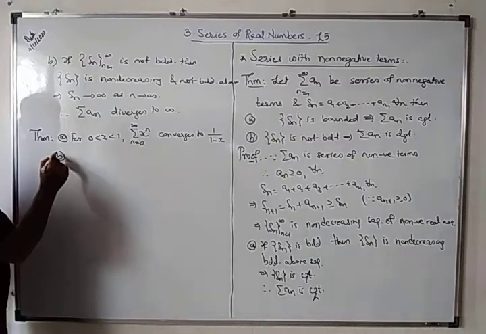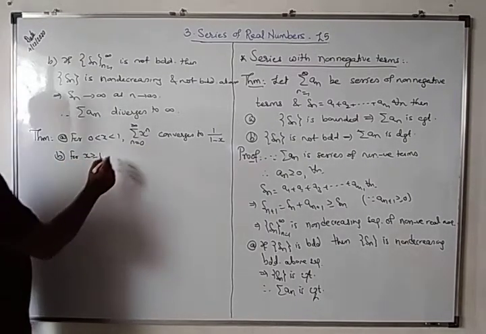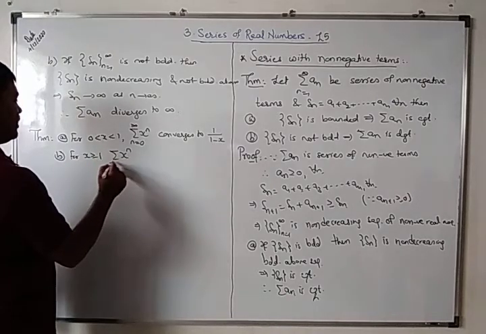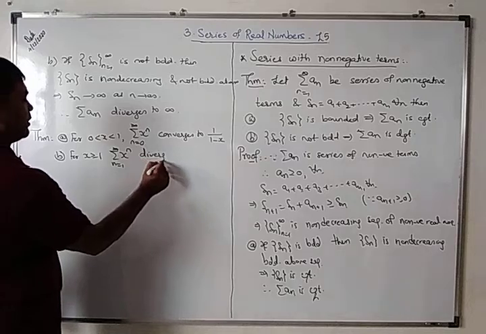And (B) for x greater than or equal to 1, summation of x raised to n, n equal to 0 to infinity, diverges to infinity.